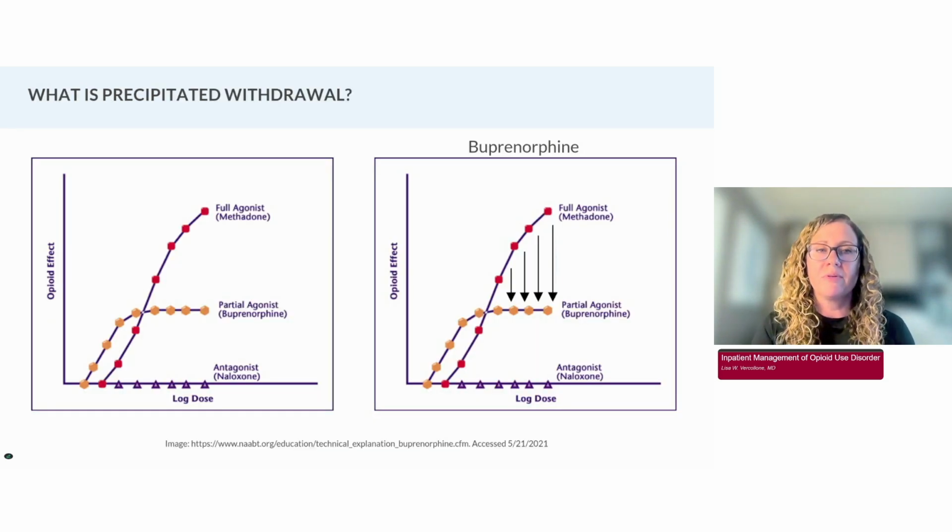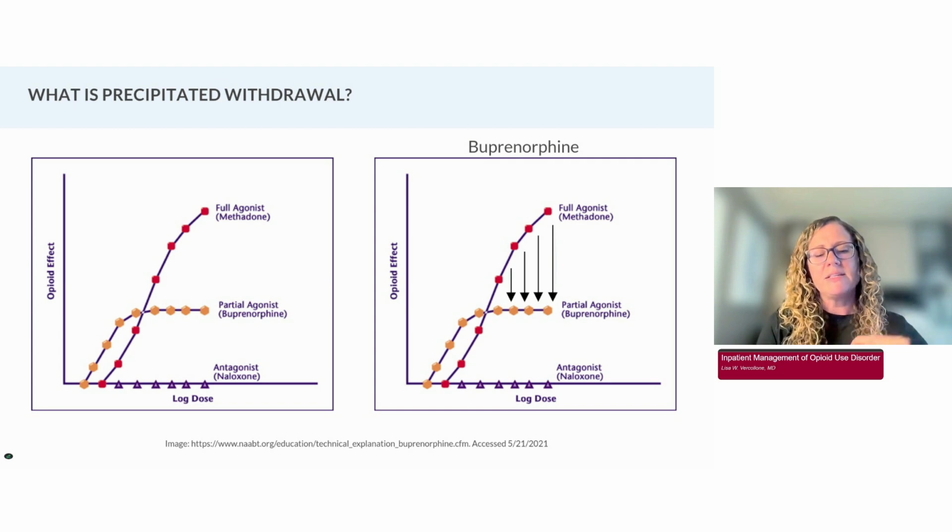The problem that remains with buprenorphine is precipitated withdrawal, and we're going to talk quite a bit about this throughout this presentation. Just briefly, what is precipitated withdrawal? You have a patient who comes in, let's say they're using fentanyl. So they have this full agonist on board, stimulating the mu receptor fully. Buprenorphine will stimulate the receptor only partially.